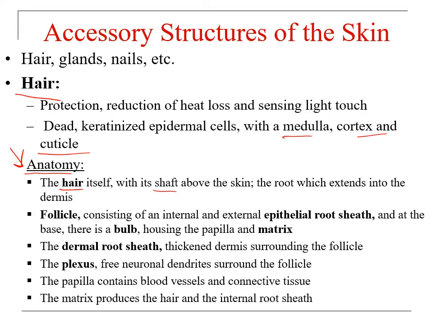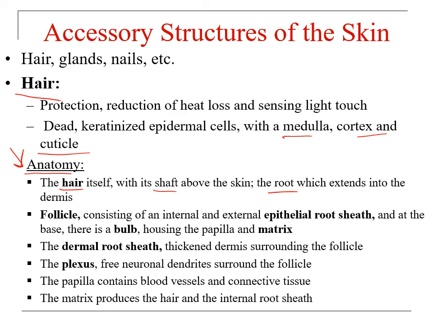We have the hair root, the portion of the hair deep to the shaft that penetrates into the dermis and sometimes into the subcutaneous layer. The shaft and root of the hair both consist of three concentric layers of cells, which are the medulla, cortex, and the cuticle of the hair, which we're going to see in the next figure.